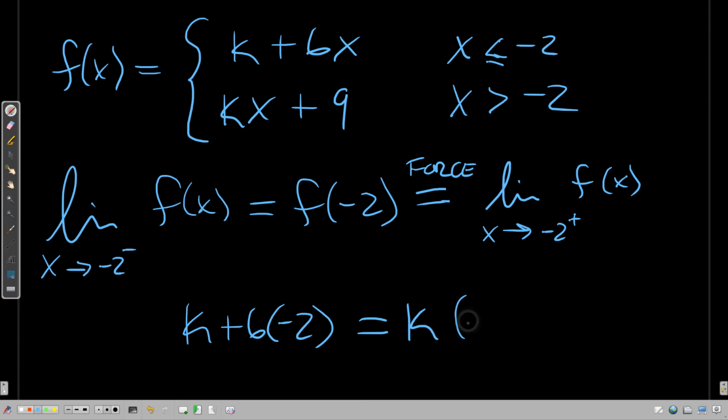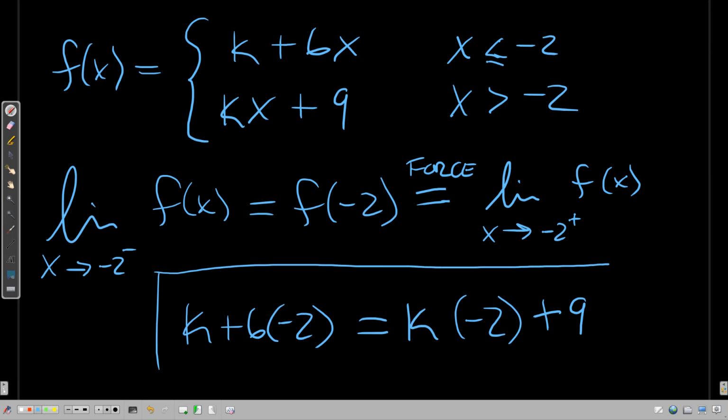So its limit, because it is continuous, is simply whatever you get when you plug in -2. This is the equation to solve for k.